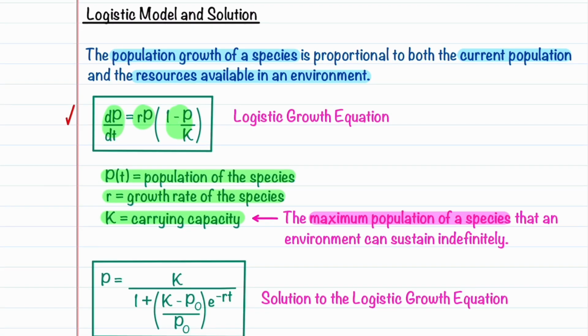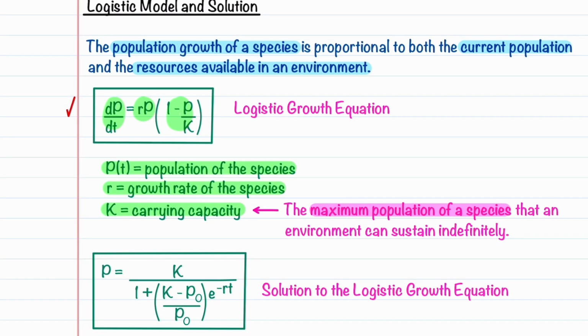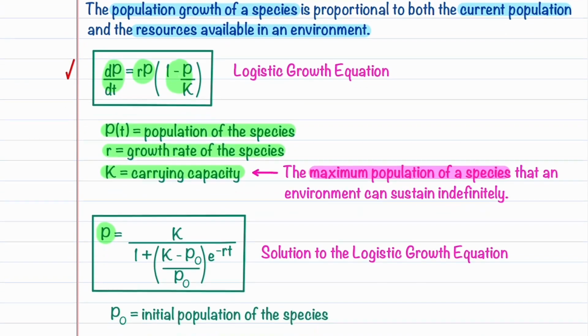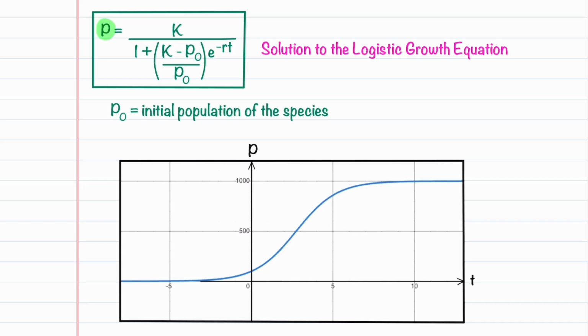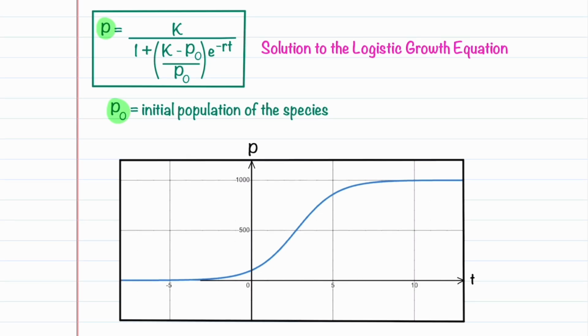The logistic growth equation is a first-order separable ordinary differential equation, and its solution looks like this. So we can better understand the solution, I have graphed it down here. In this graph, I assumed that the initial population, given by p sub 0, was equal to 100.